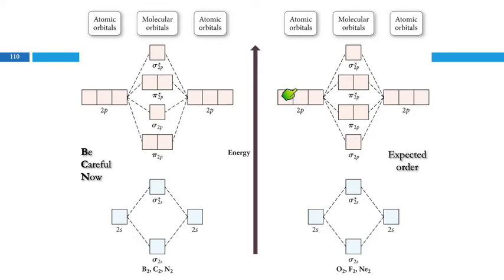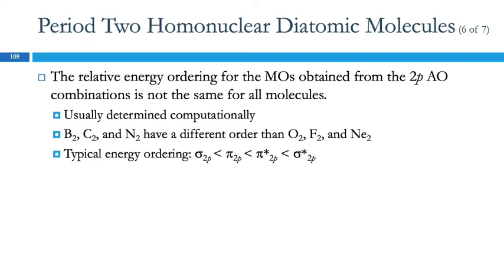What's different between these two diagrams is the order of them. Here, the ones on the bottom are switching places. This has the pi bonding as the lowest, and the sigma bonding next. Here, sigma bonding is the lowest, and pi is next. So what's going on there? Well, the relative order is not the same for all molecules. They determine it computationally.